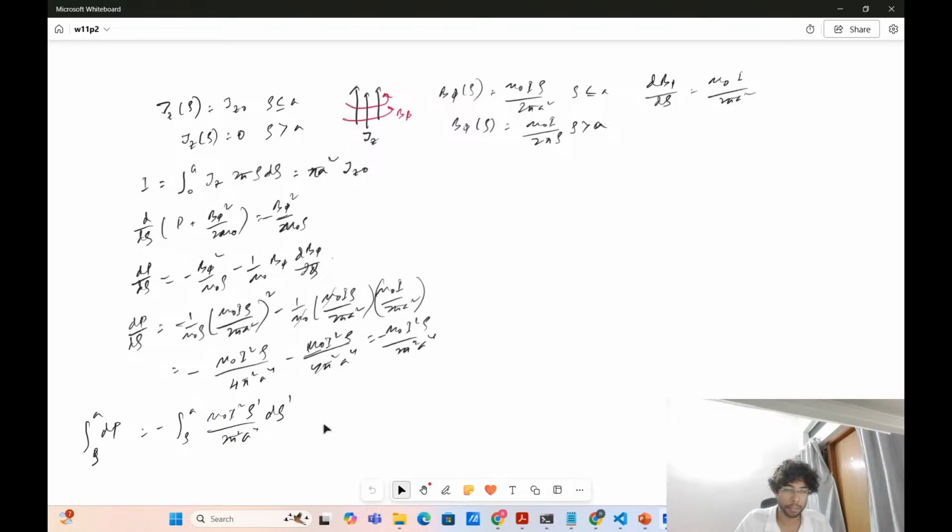So rho prime d rho prime means rho square by 2. So from here we can write pa minus p rho is equal to minus mu naught I square by 4 pi square a to the power of 4. The rho square by 2 comes over here, and we have rho square from a to rho, which is given by a square minus rho square.